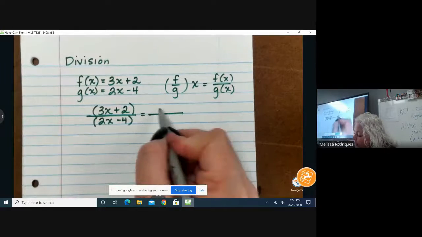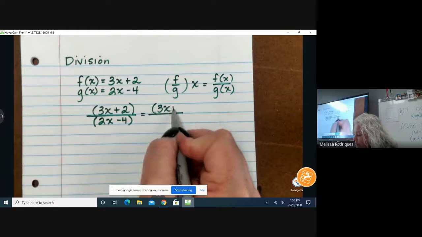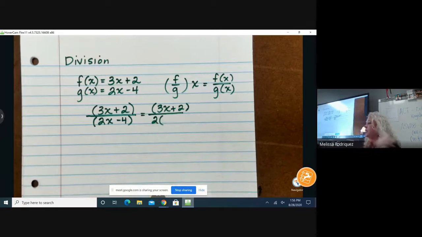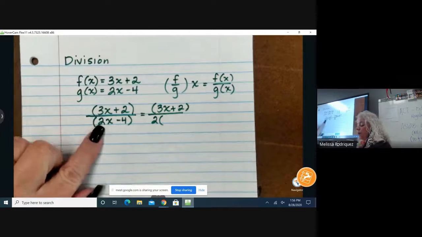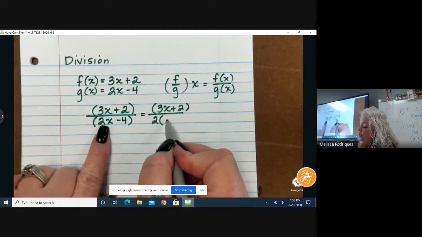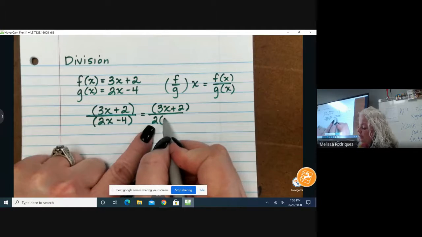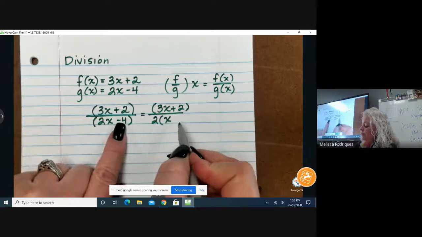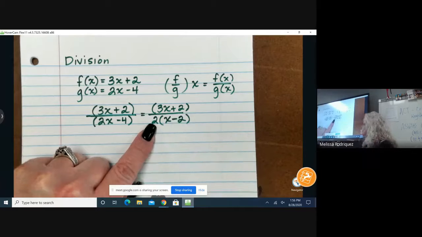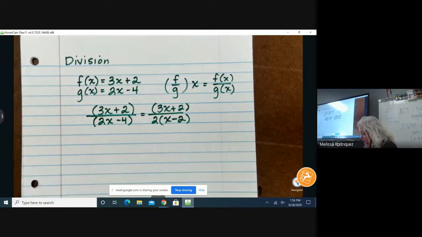Okay. So on the top, it stays the same. And on the bottom, I can factor out a 2. So I'm taking the GCF out. What is 2x divided by 2? X. What is negative 4 divided by 2? Negative 2. Now I look to see, do I have anything in common that I can cancel out?